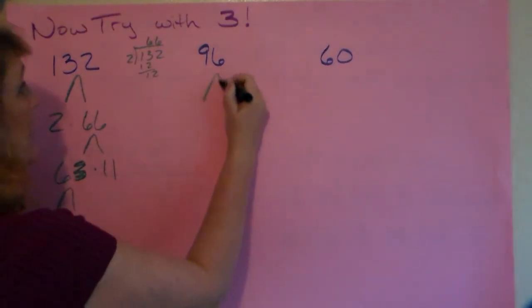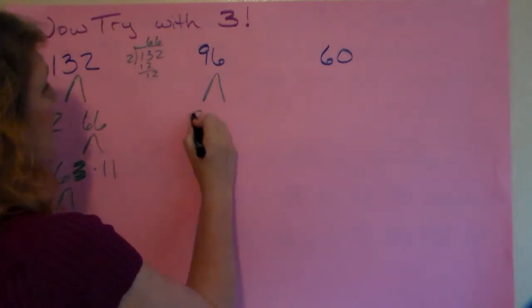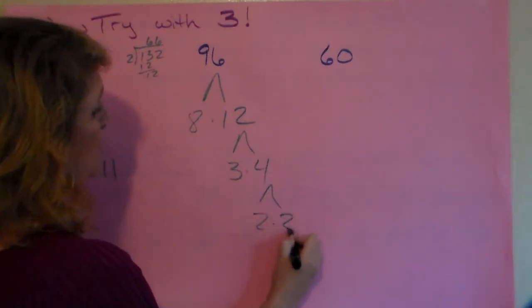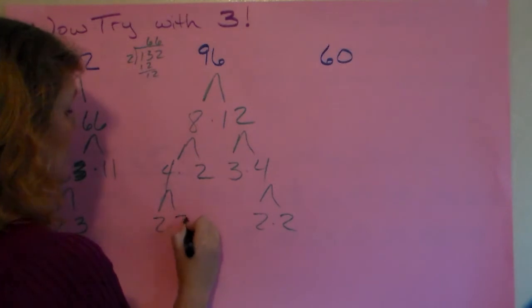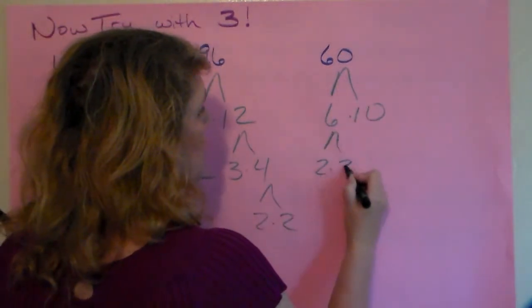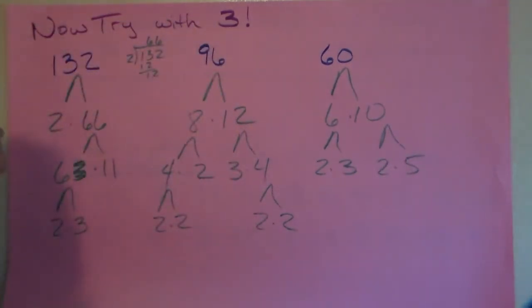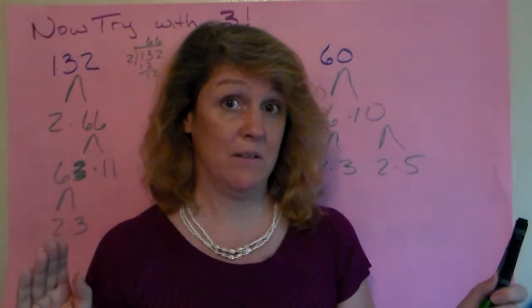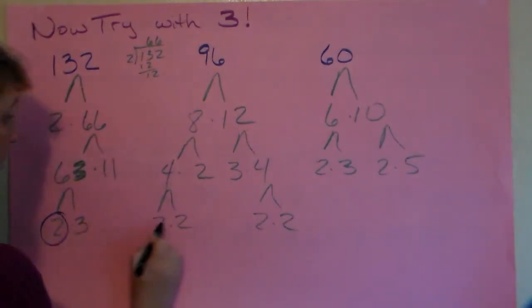All right. 96 is 8 times 12? Yes, 8 times 12. This is 3 times 4, which is 2 times 2. This is 2 times 4, which is 2 times 2. And 60 is 6 times 10, and this is 2 times 3, and this is 2 times 5. Okay. So, I need the numbers that they all have in common. So, they all have a 2.